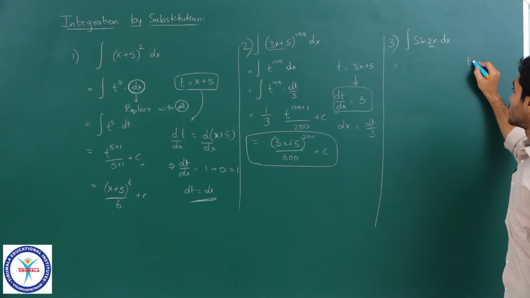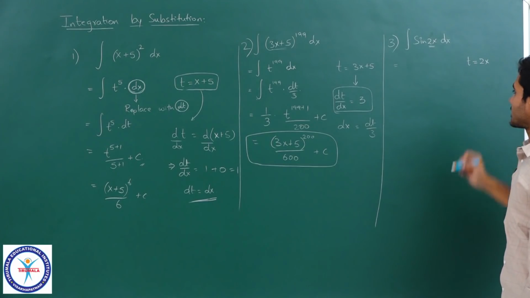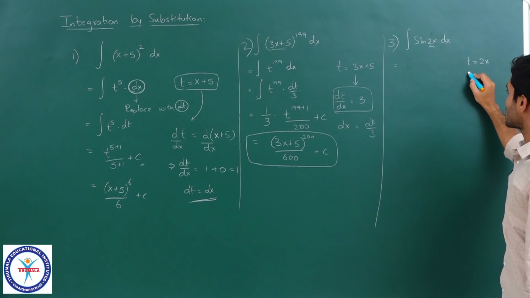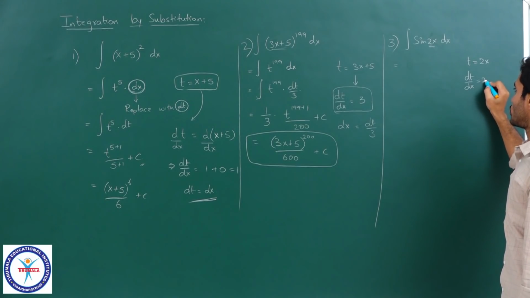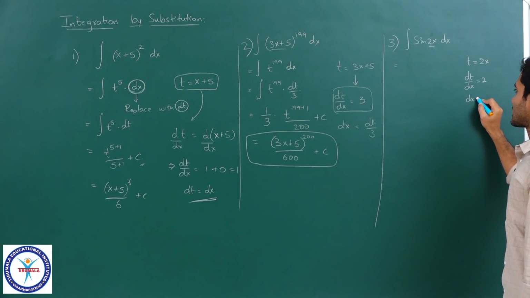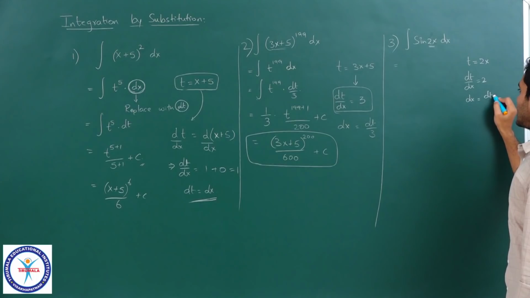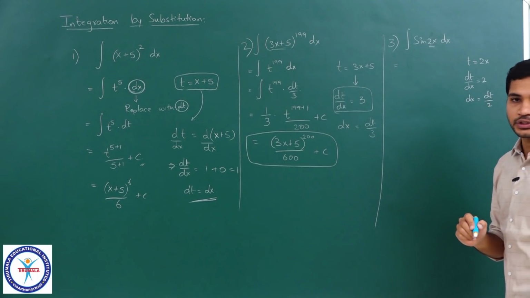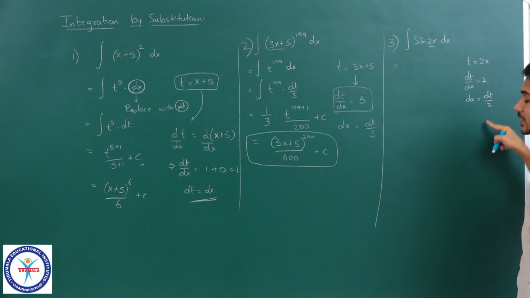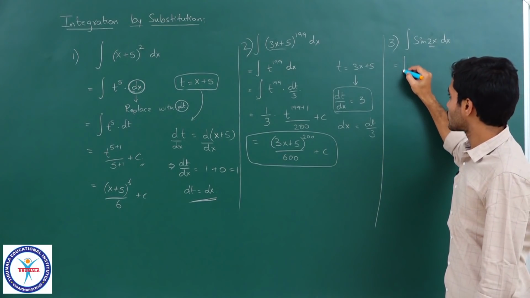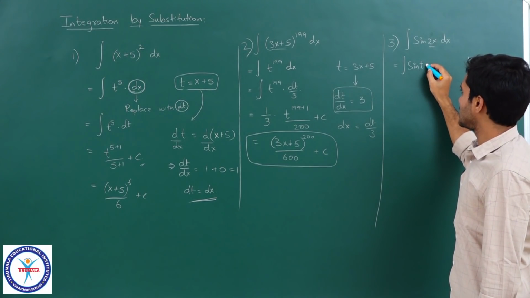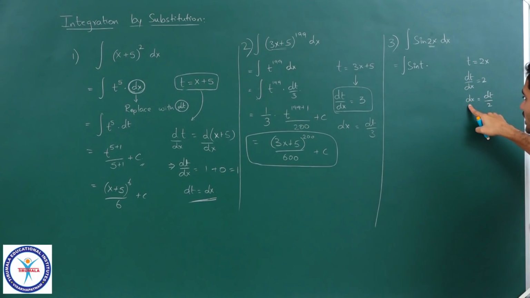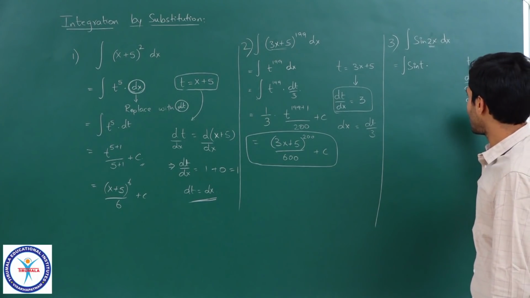Clear? So, t is equal to 2x, right? Now, I will differentiate this. I will get dt by dx is equal to 2, which means dx is equal to dt by 2. Correct, students? Now, I will write this whole function in terms of t. So, this becomes sin t into, in place of dx, I will substitute dt by 2.